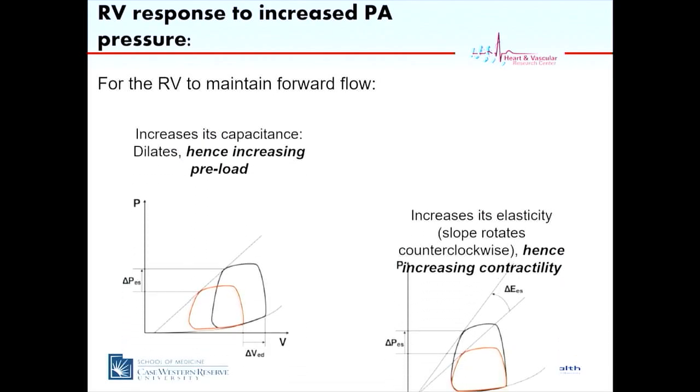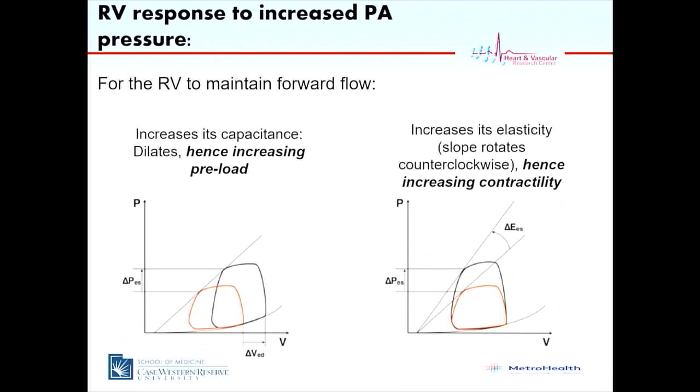So this is what happens at the RV level. It initially adapts in a way that's similar to what you would see in a patient getting pulmonary embolism, by dilating and then by changing its properties and its elastance. Now we have a right ventricle that behaves like a left ventricle, able to manage, and eventually it fails.